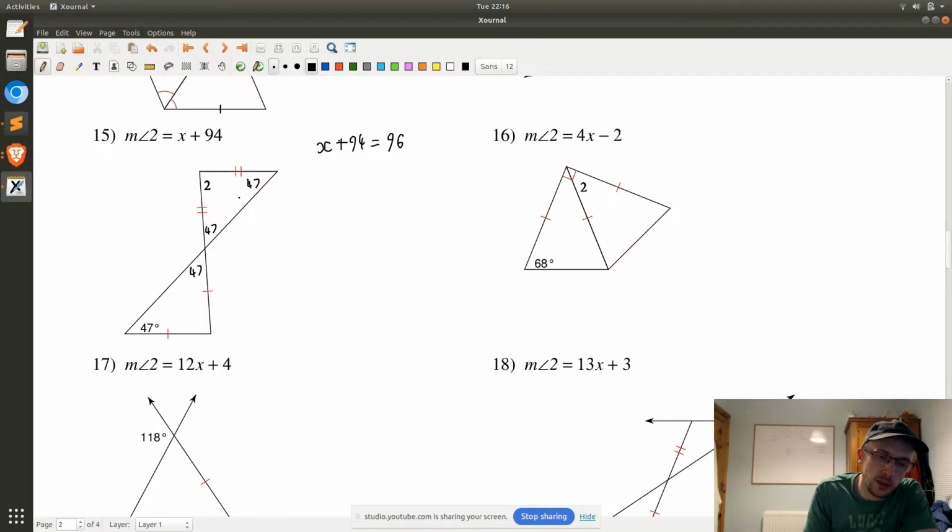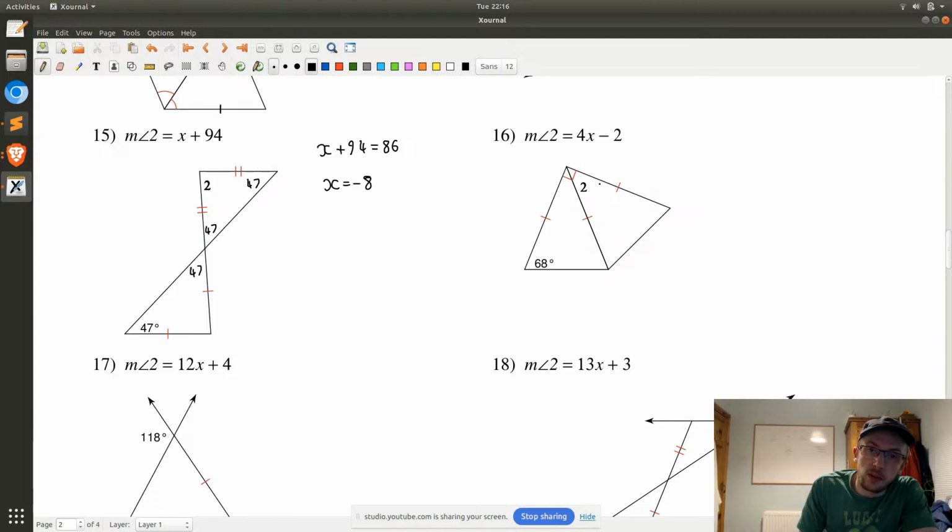Take 94 from 180. This is not good rushing. Take 94 from 180, you get 86. There you go.